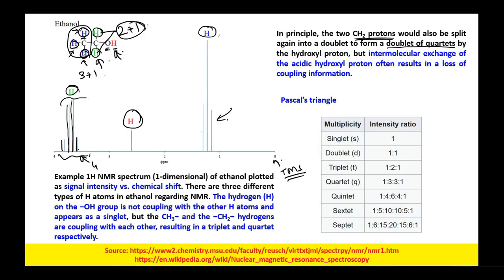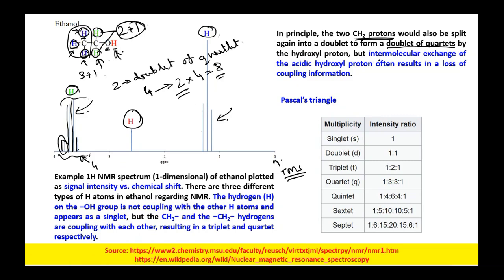So doublet of quartet means we already had 4 peaks, and each of these peaks would break into 2. So 2 multiplied by 4, we would have got 8 peaks. But that is not the case.